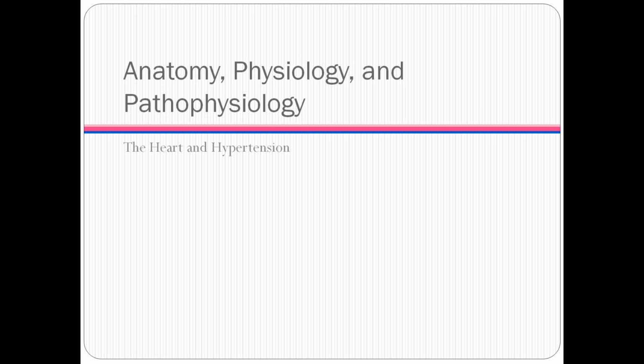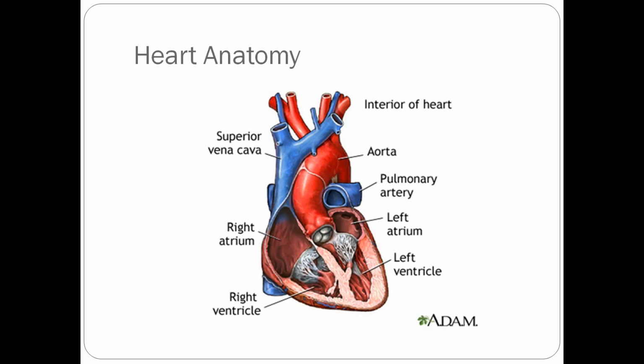So to get a better idea about high blood pressure, let's take a look at the heart. The heart is made up of 4 chambers, the left and right atria, and the left and right ventricles. Deoxygenated blood returns to the right atria from the venous circulation in the body.